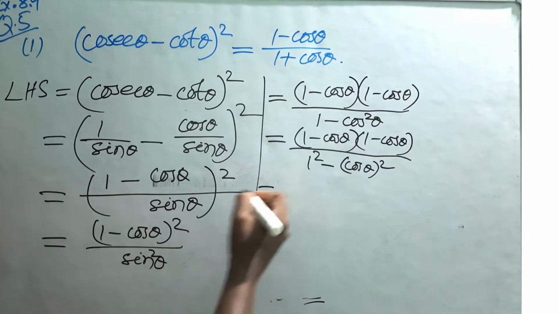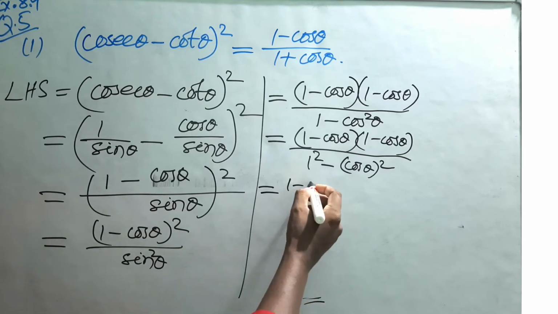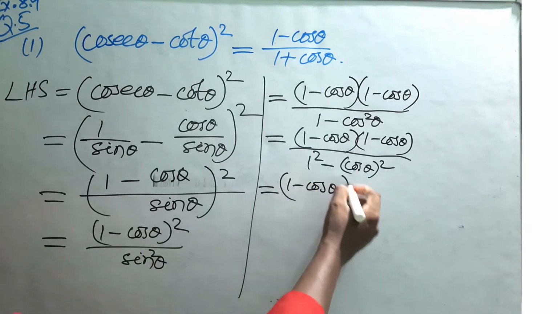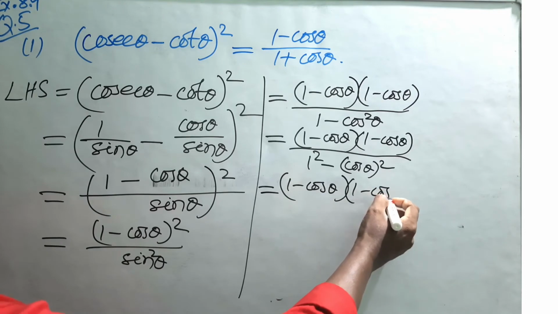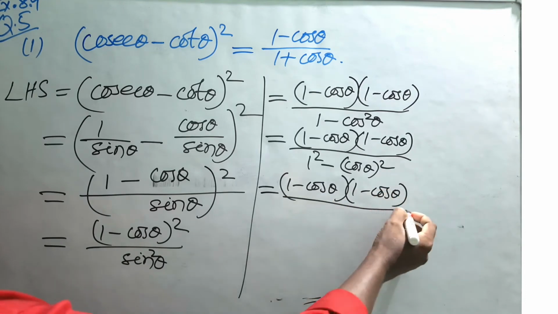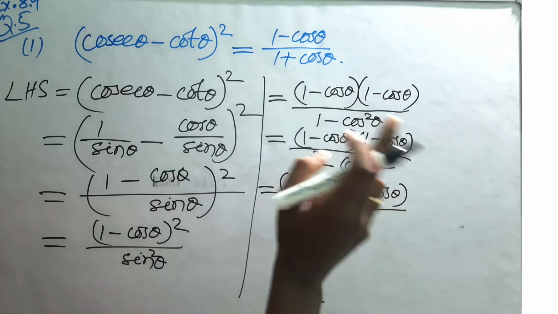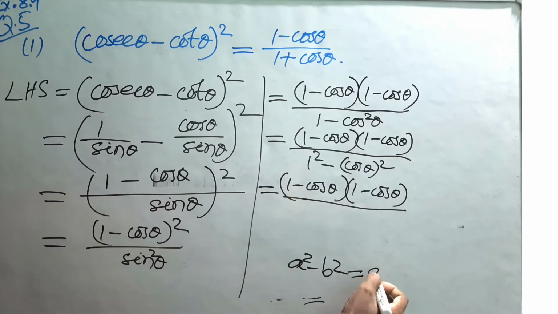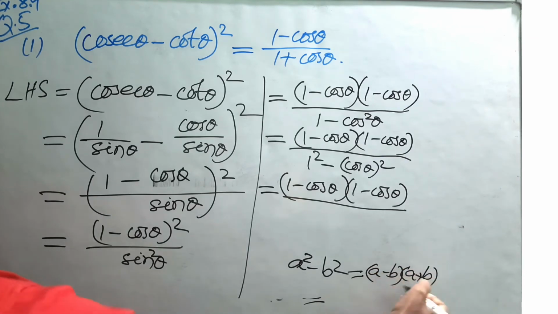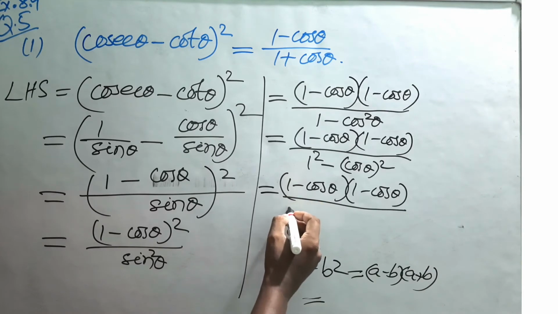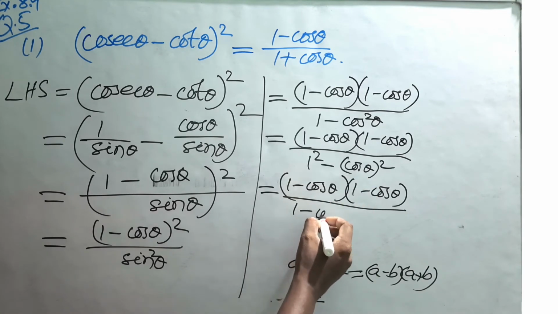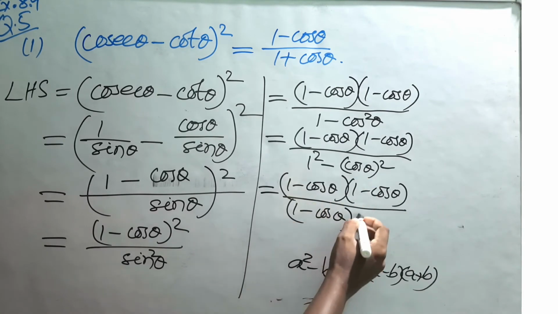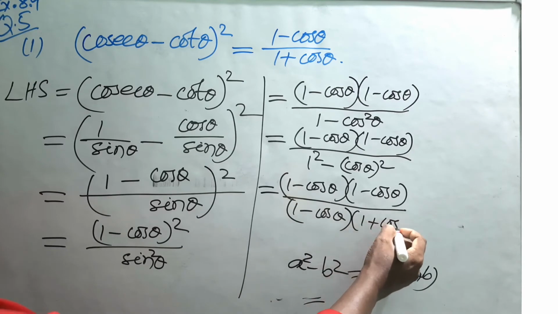Now this is equal to (1 minus cos theta) into (1 minus cos theta) divided by, now you apply the identity a square minus b square. This identity you have to apply, a square minus b square, that is (a minus b) into (a plus b). Okay. So this will be (1 minus cos theta) into (1 plus cos theta).